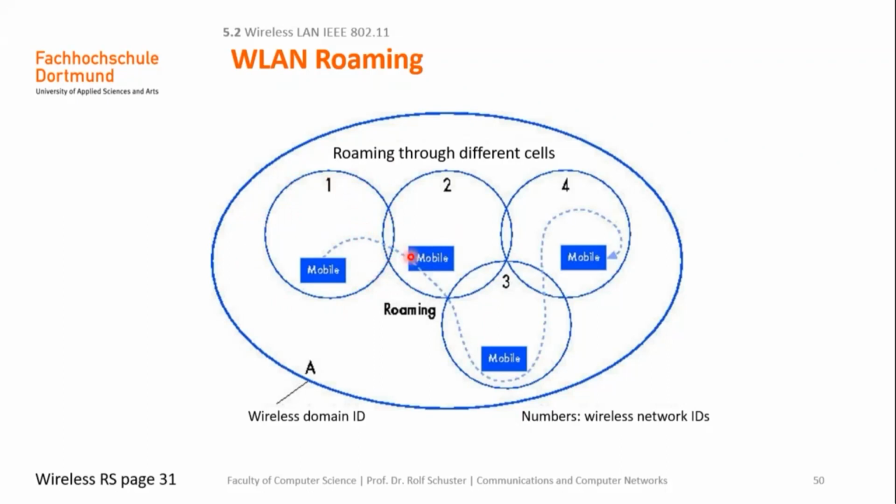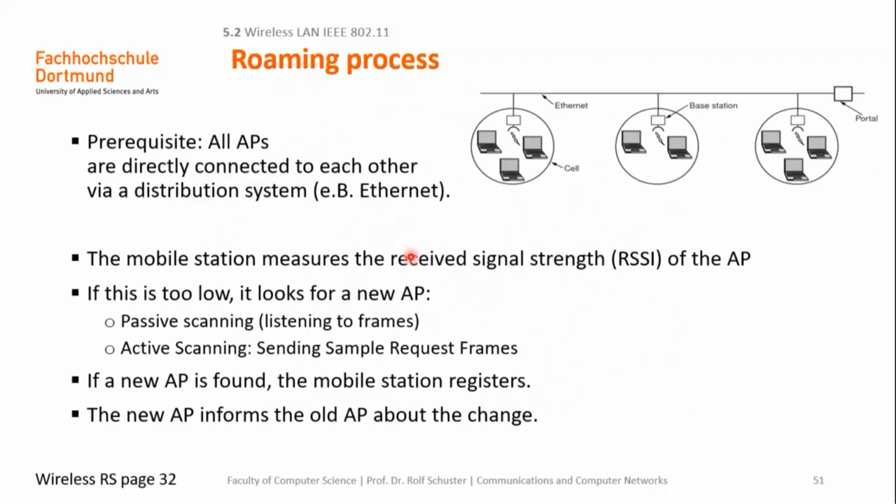This is possible using this standard, and the prerequisite is that all access points are directly connected to each other across a network like this here. That is, for instance, a switched Ethernet network that is cabled, typically with twisted pairs or fiber cables.